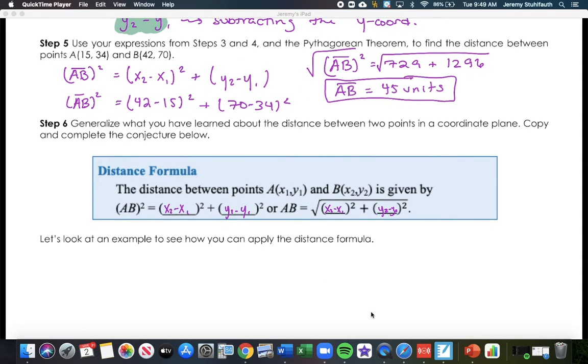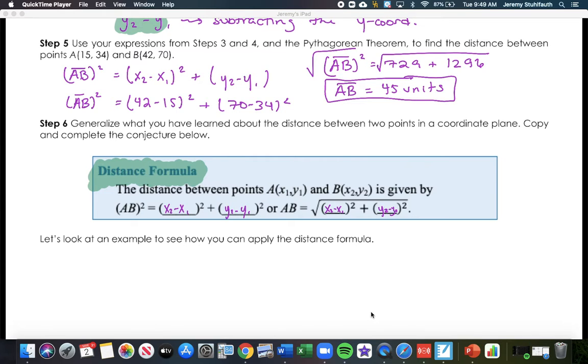This is called the distance formula. The distance formula allows us to find the distance between two ordered pairs on any grid, regardless of how far apart they are, regardless of whether or not it's easy to draw a right triangle.